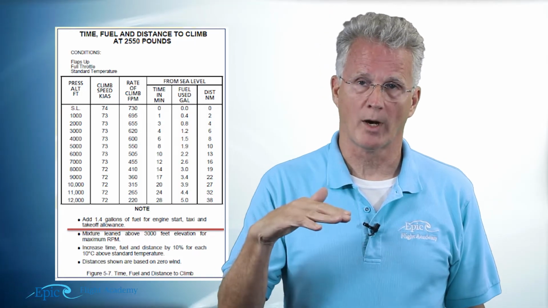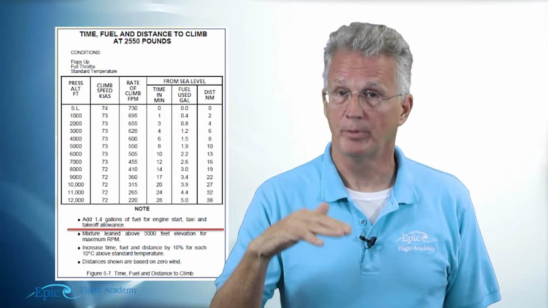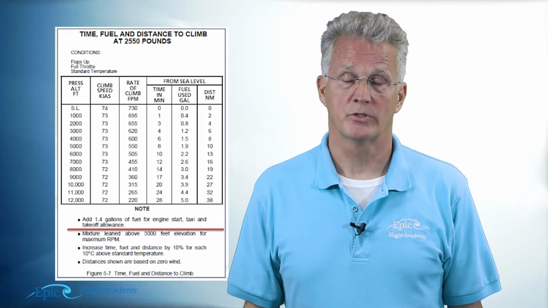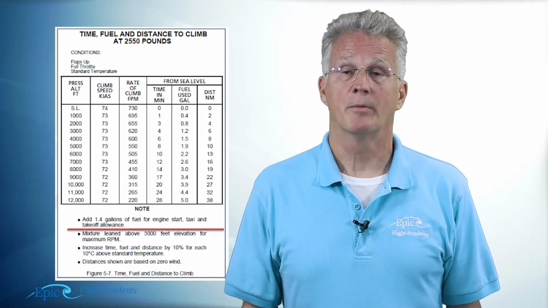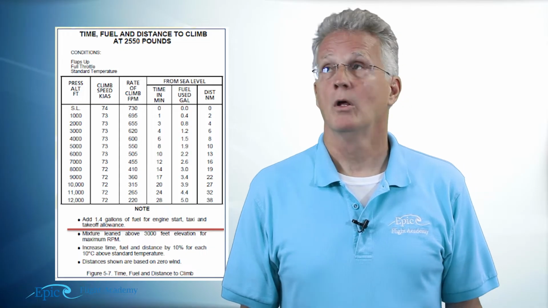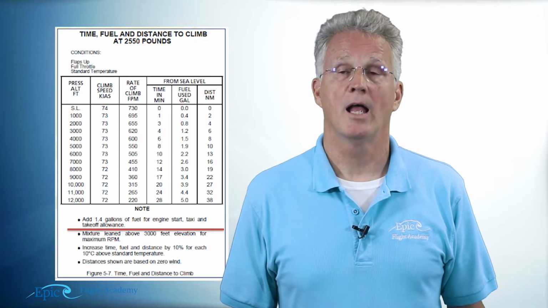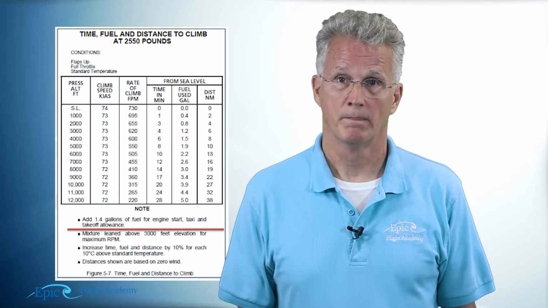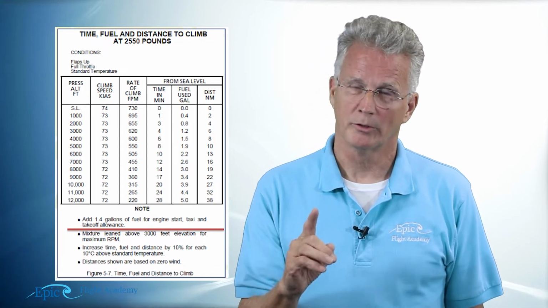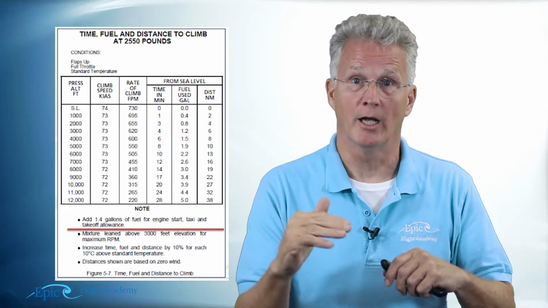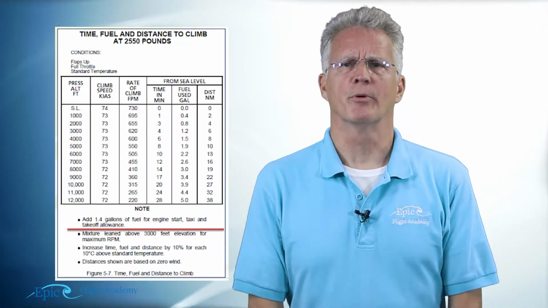So I'm on the ground at 2,000 feet above sea level, and I'm going to climb to, let's say, 6,000 feet MSL. Now, as you recall, that would only put me about 4,000 feet AGL, but let's use this example.